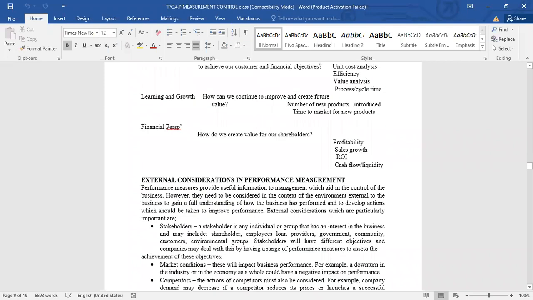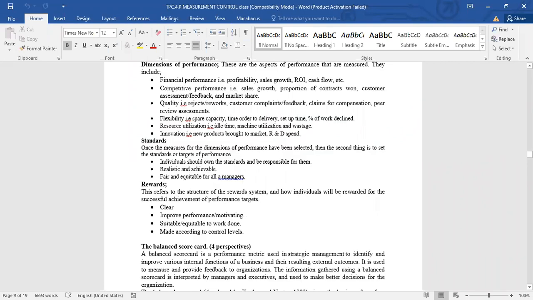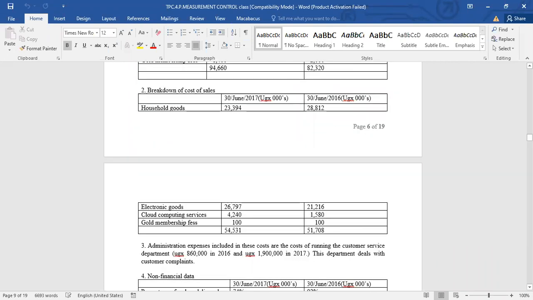But for question number 3, for those who have the notes, you need to comment financially, where you look at ratios like gross profit margin, and operating or net profit margin, and then comment.